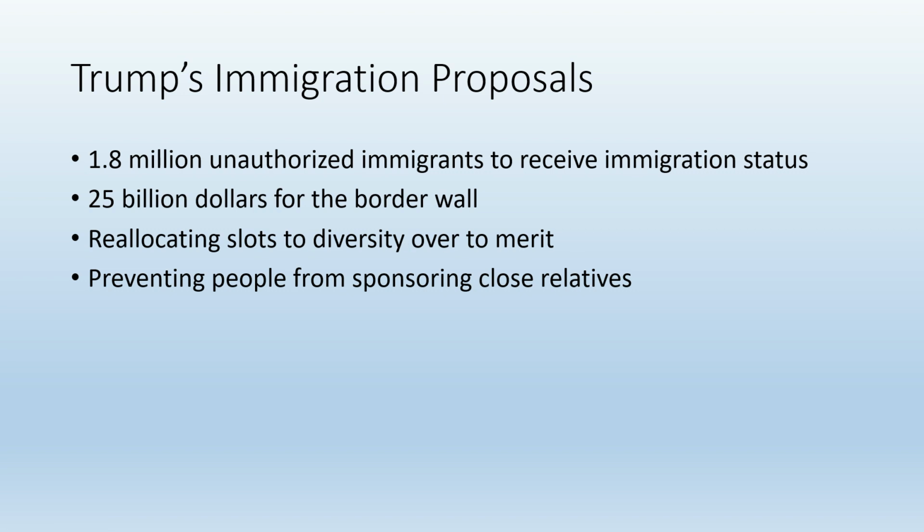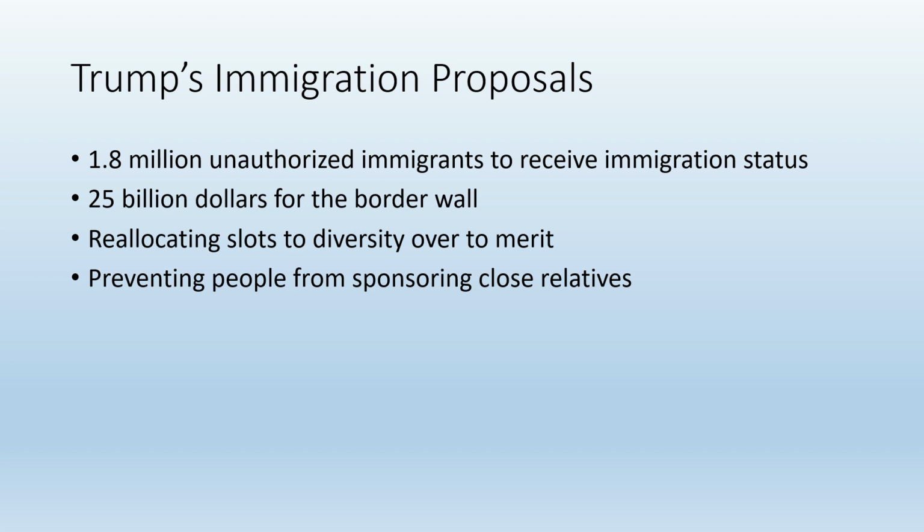A lot of this never actually ended up happening. Even the border wall was halted. And so immigration policy has really continued to be very controversial. We have not had a comprehensive change in many, many decades in terms of the whole policy itself as one system. We've changed bits and pieces of it, but we have not looked at the whole thing and redesigned it based on 21st century need.